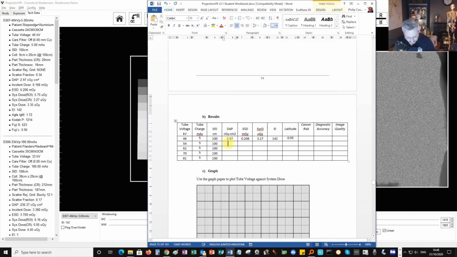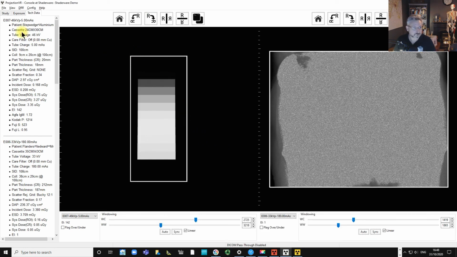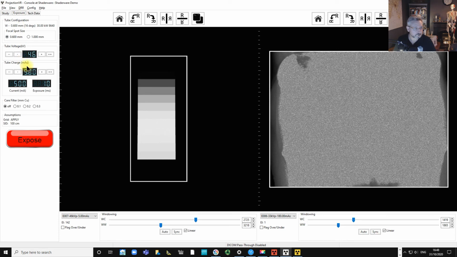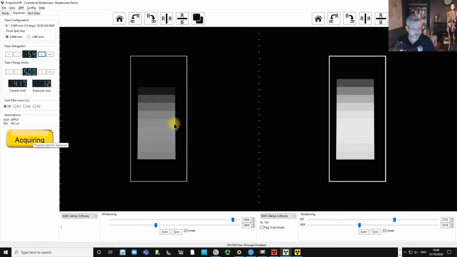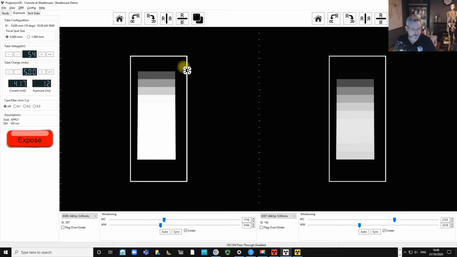So now we go to 54. Expose this. There's our image. Okay, so we can't see 11 steps when there's 46.